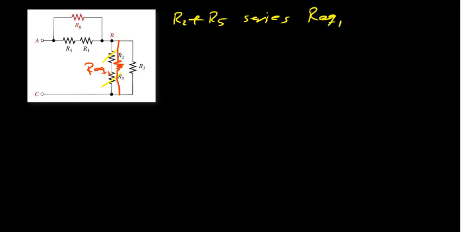Only that part from point B will be R equivalent 1 with R3.